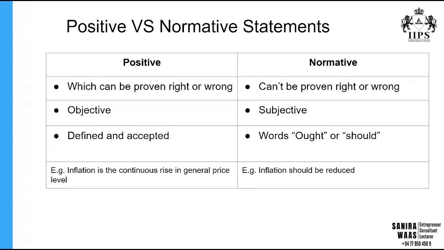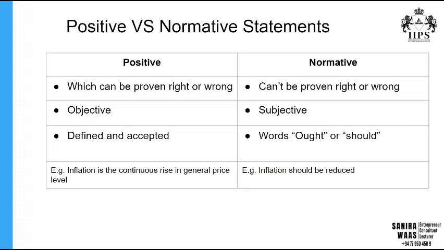On the other hand, normative statements are statements which are based upon individual judgments. Therefore, they can't be proven right or wrong. As they are made upon individual judgments, they are subjective. And most of the time, the words 'ought to be' or 'should be' are used when you express a normative statement.